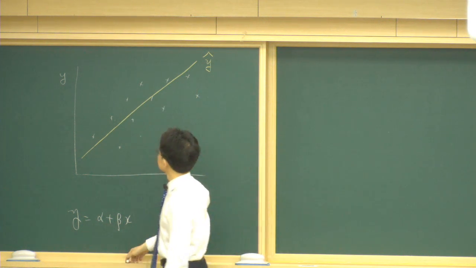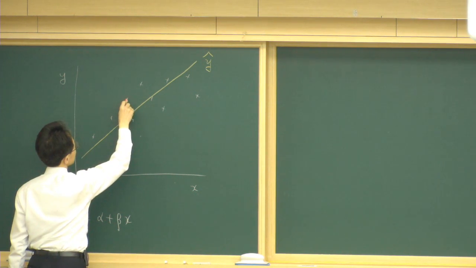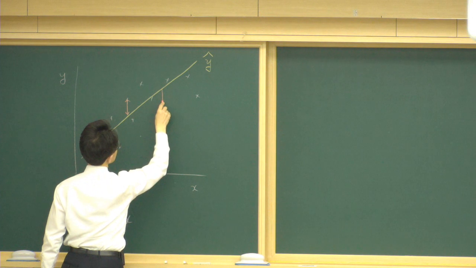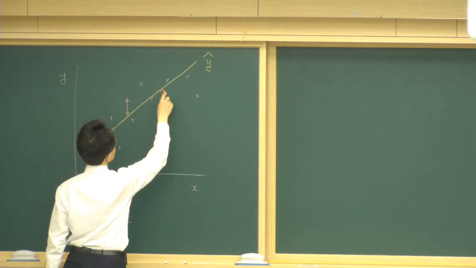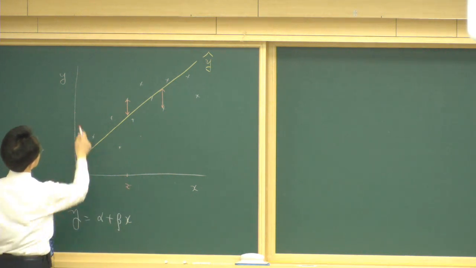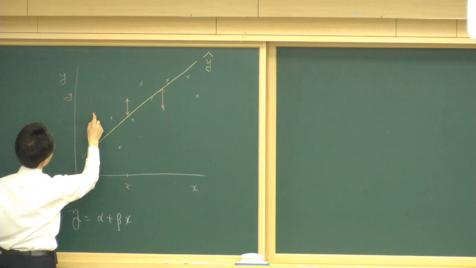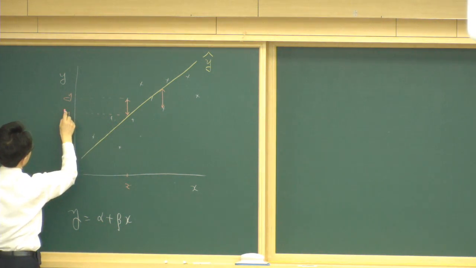In other words, sometimes we have some differences like this, and sometimes we have some differences like this. So given x, sometimes let's say that's y, the actual value, and that's our estimation y hat.